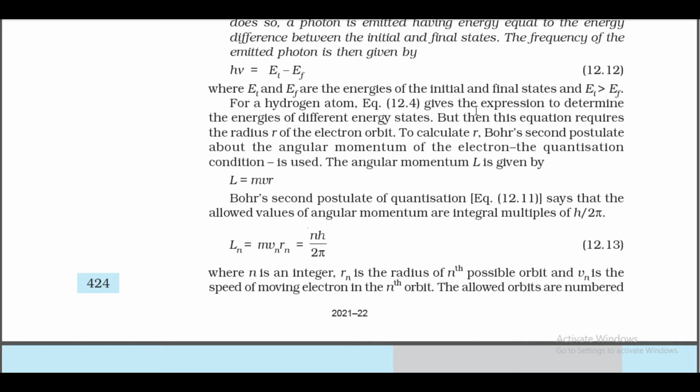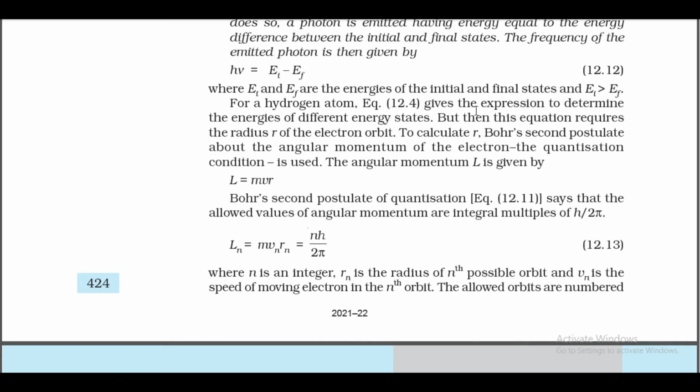To calculate r, Bohr's second postulate about the angular momentum of the electron, the quantization condition, is used. The angular momentum L is given by L is equal to mvr. Bohr's second postulate of quantization says that the allowed values of angular momentum are integral multiples of h by 2π.